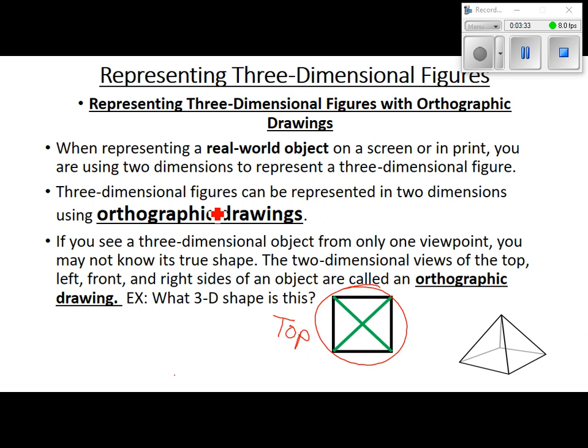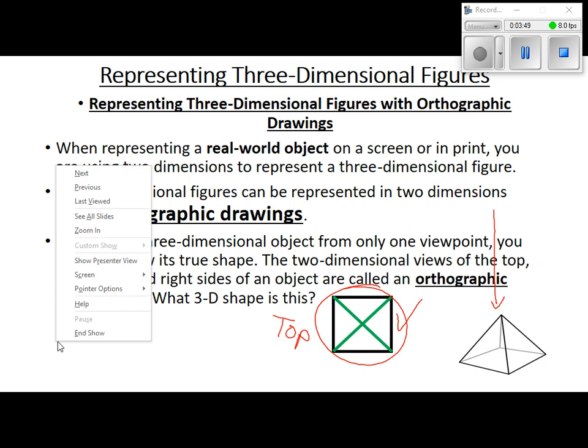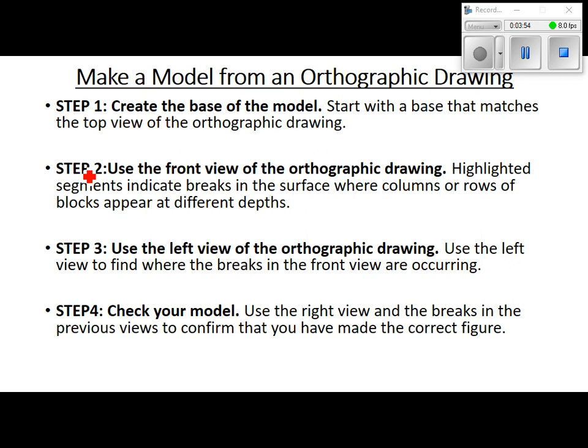So that's what you're going to have to be able to do, is use your imagination and say, okay, if this is just the top view, if I look straight down at this pyramid, this is what I would see. That's what an orthographic drawing deals with. Fill in what you need to fill in on this.